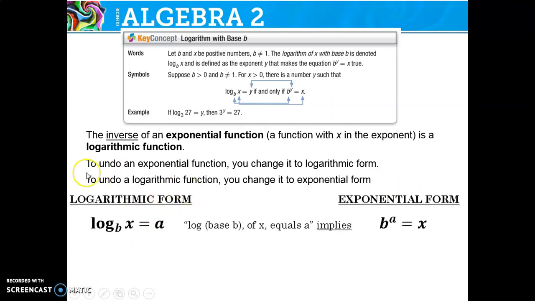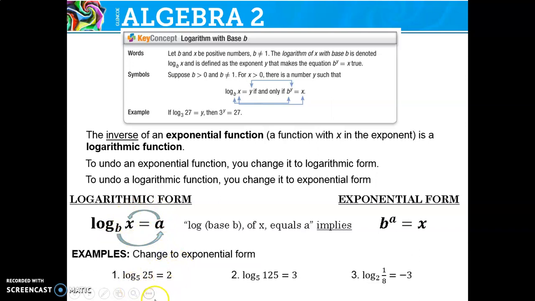So this is logarithmic form and this is exponential form. Log base b of x equals a implies that b to the a equals x. And to me, it's all about this motion. The base to whatever's on the other side of the equation equals the argument, or whatever you're taking the log of. b to the a equals x.